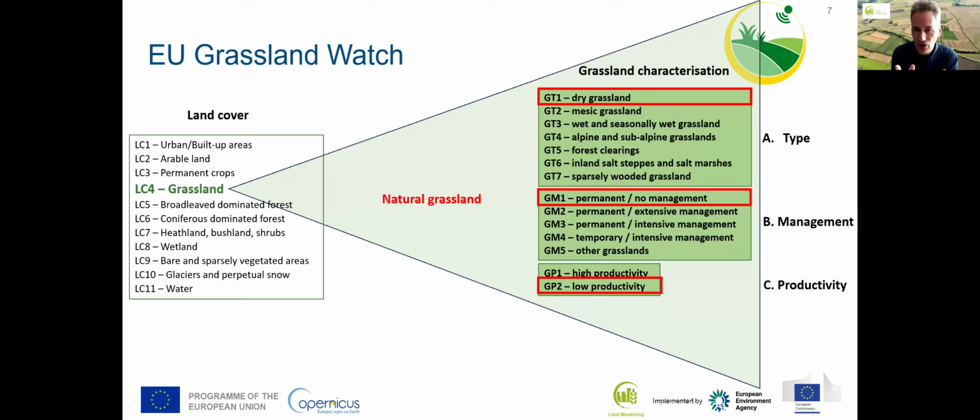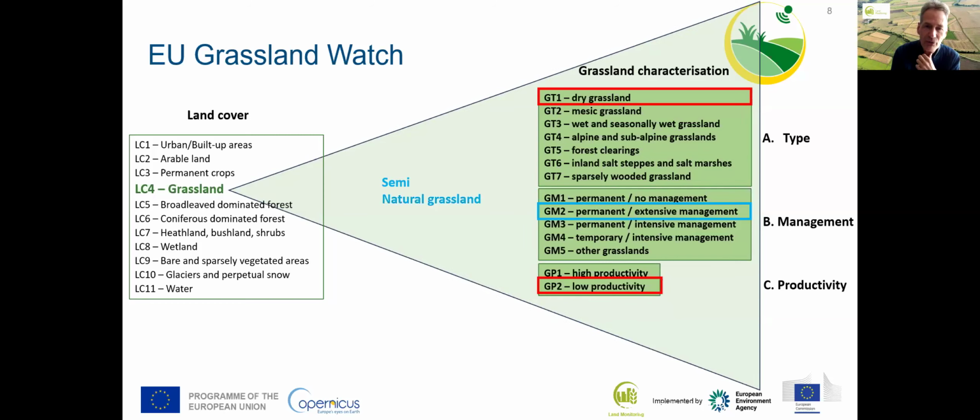So if we look at all the elements highlighted here in red, that could also be termed a natural grassland. While if we would select a little bit different combination, we could identify semi-natural grasslands because there is a different management practice in the site going on.